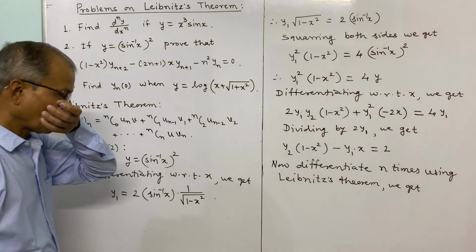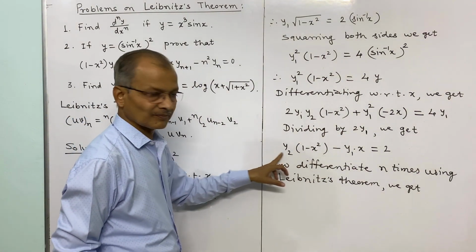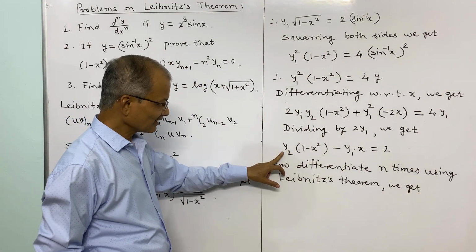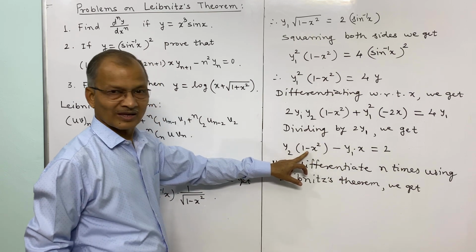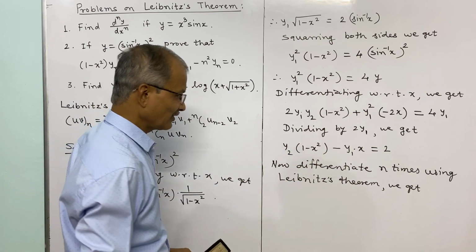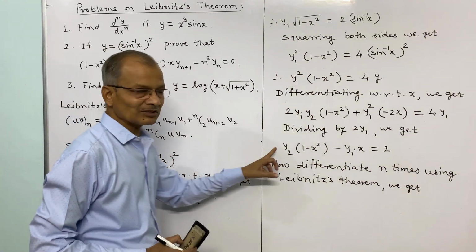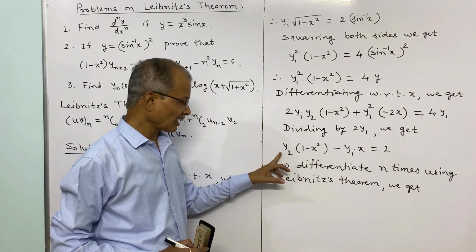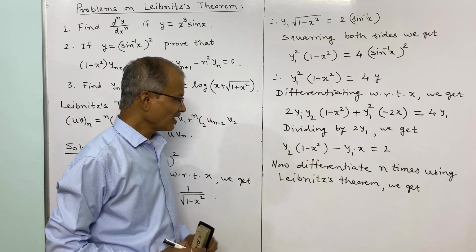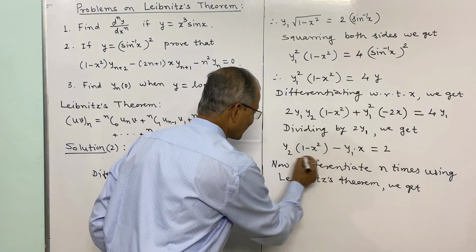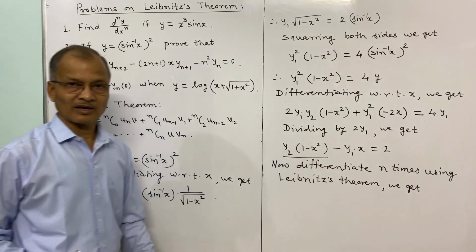Now we see how to use the Leibniz theorem for this. Again we can consider this as the first function and this as the second function, and we apply the Leibniz theorem as in the earlier problem. So the first binomial coefficient is n choose 0, and for this product we have to use the Leibniz theorem.